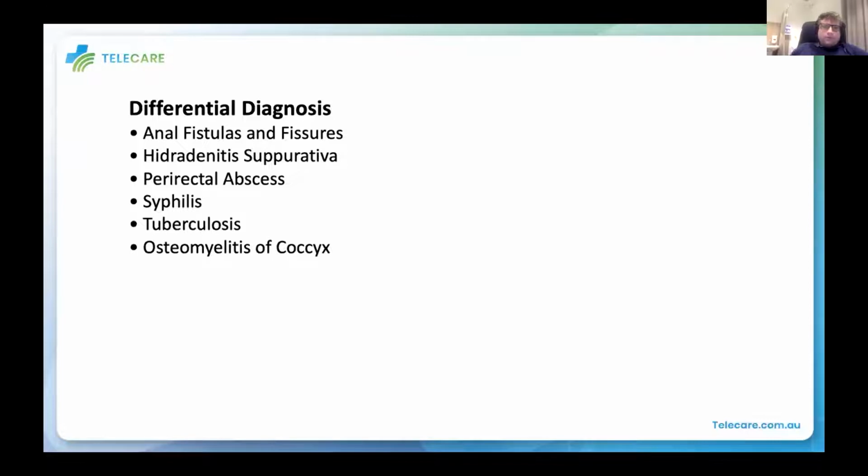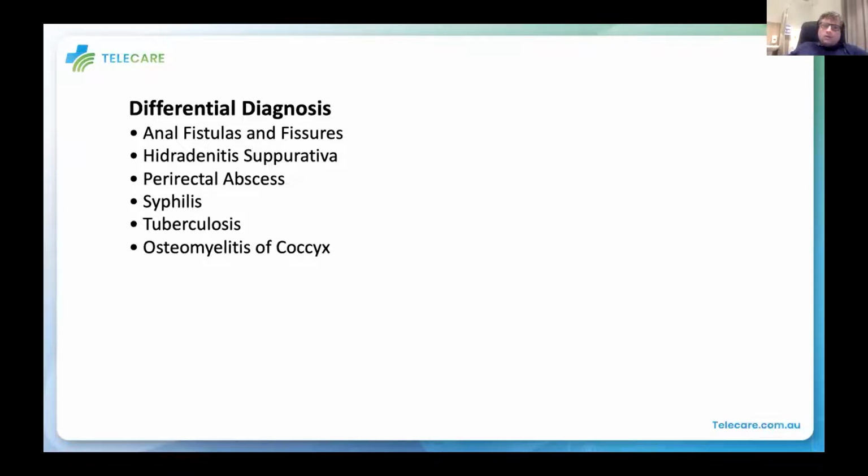Syphilis and tuberculosis are conditions that can mimic this in some patient cohorts. It's not particularly common in the typical Australian population, but it would need to be considered in some subgroups, depending on their medical history, ethnicity, whether they come from a country where those conditions are more common.